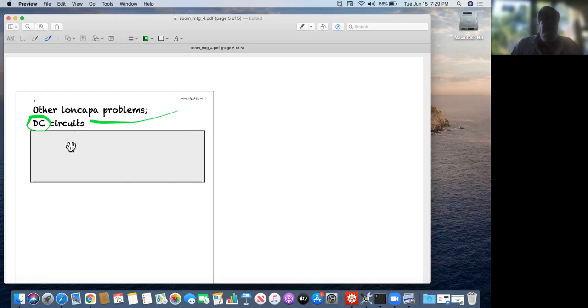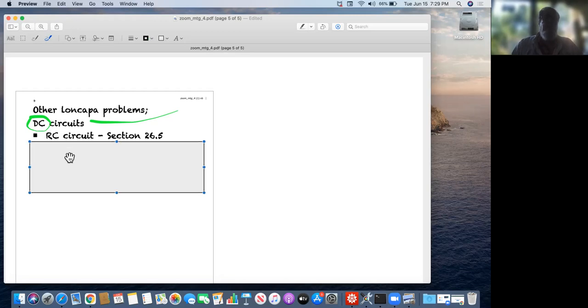So I didn't prepare any examples, but for example, there's one problem on an RC circuit where you have a circuit with a battery and a resistance and a capacitance, and you're charging the capacitor. That problem is solved in section 26.5, in chapter 26.